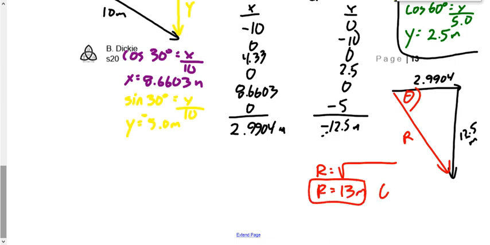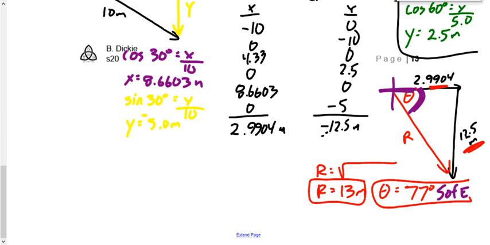And last but not least, theta is the inverse tan of opposite over adjacent, which ends up giving me 77 degrees. 77 degrees measured from the east, but yet south from the east. So we'll say 77 degrees south of east. That's it.